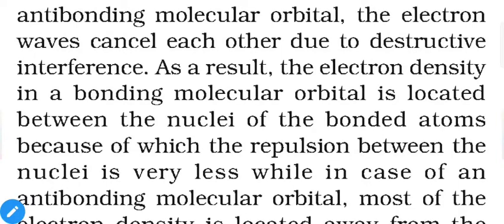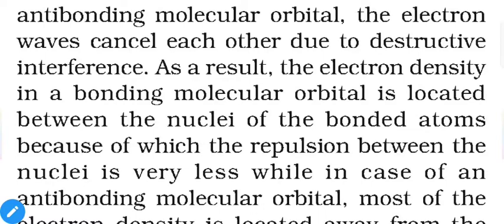When two waves support each other, it is called constructive interference, and when they oppose each other, it is called destructive interference. Constructive interference strengthens the waves, that means it increases the intensity of the wave, and destructive interference decreases the intensity of the wave.